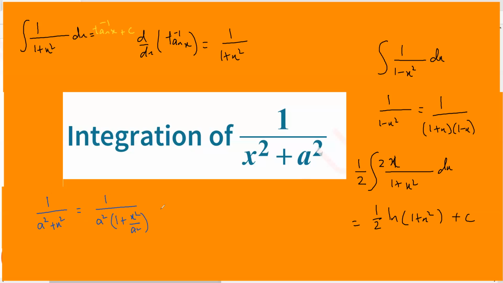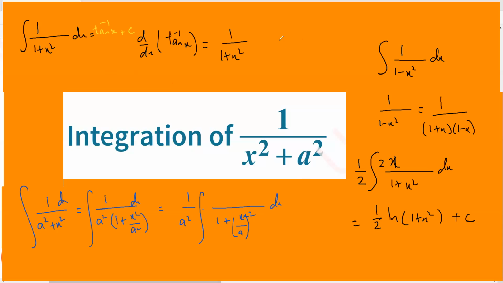So this is now 1 over a square into 1 plus x over a whole square. Okay, now suppose we are integrating this, so we can write it like this.